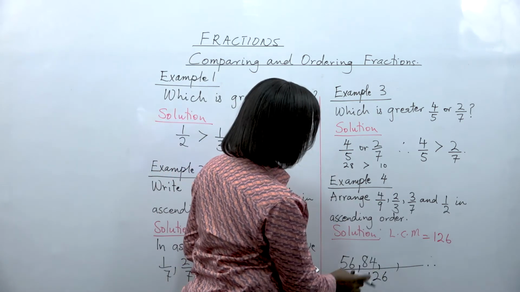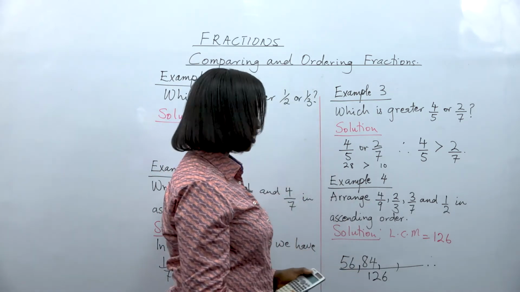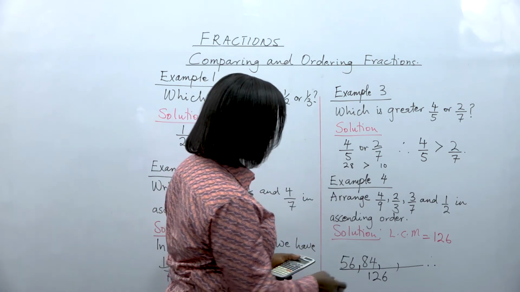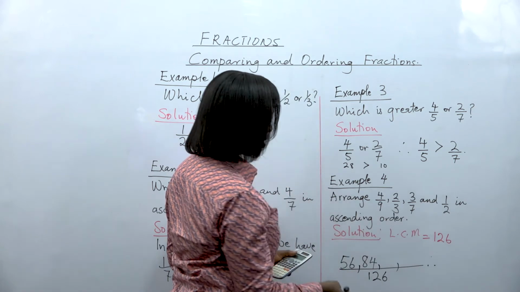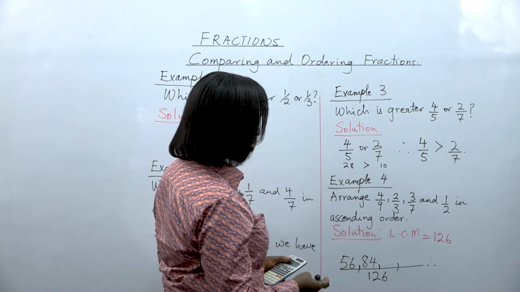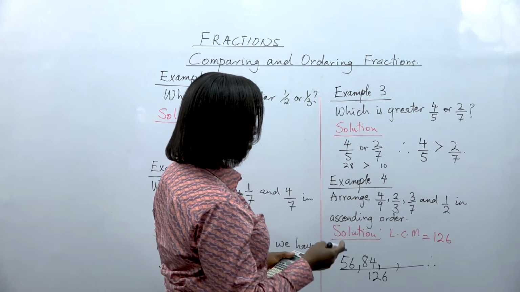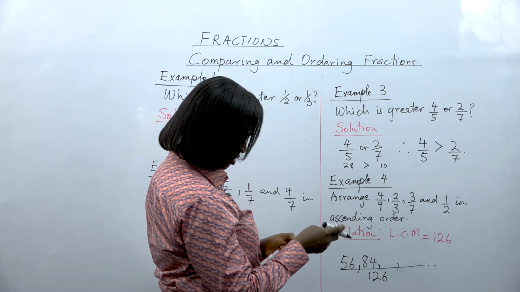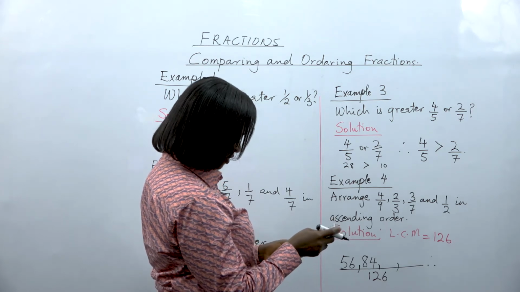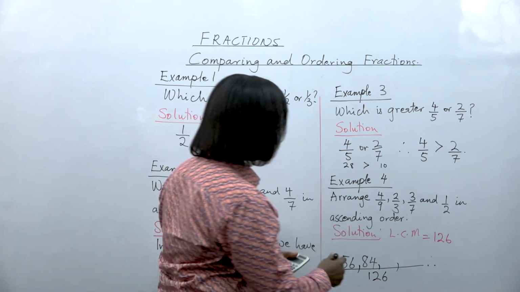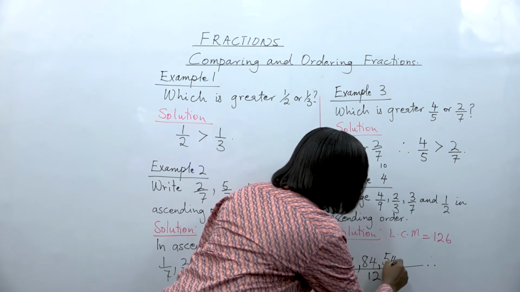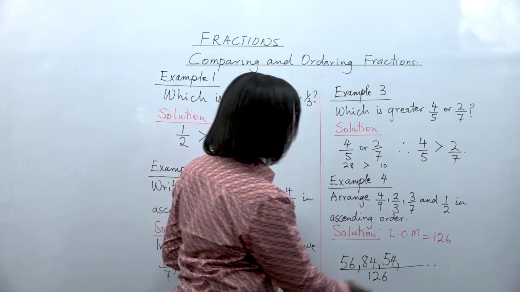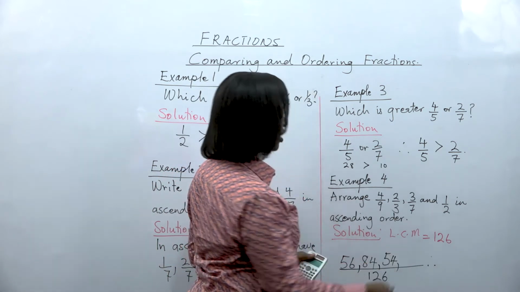So 2/3 is equivalent to 84 over 126. 126 divided by 7 is 18. So 18 times 3 is equal to 54. So 3/7 is equivalent to 54 over 126.